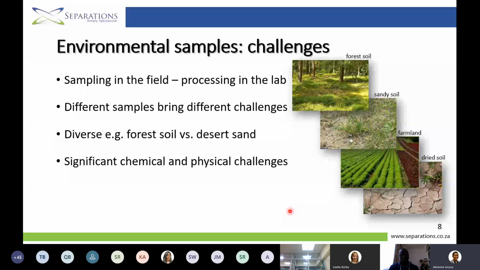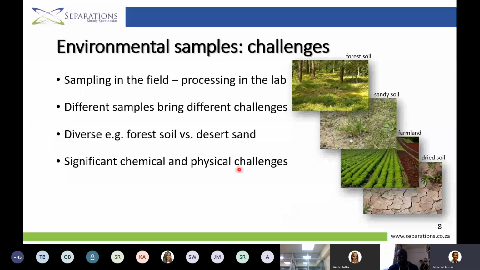And we're talking about finicky nucleic acids like RNA that will degrade because of the abundance of RNases in the environment. So different samples come with varied challenges, even within the same group of samples.